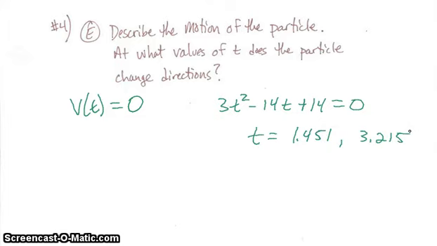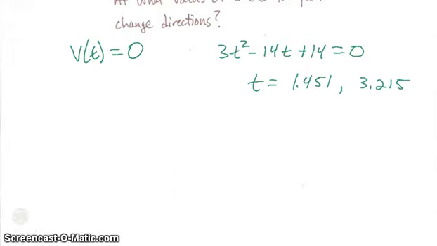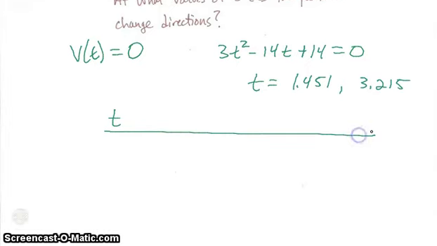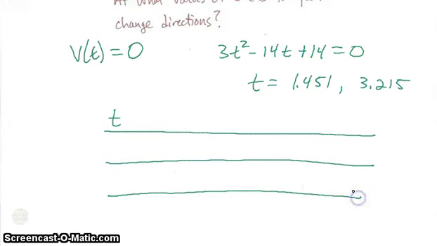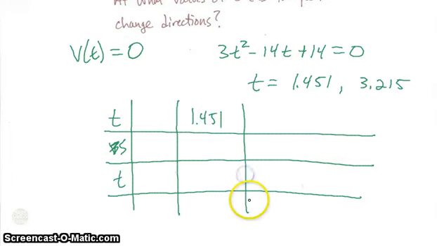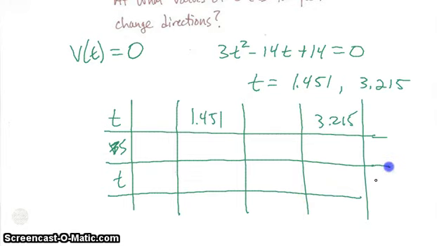Now for me, I like making the sign chart to see what's going on. So if I really need to, I could say what's going on. Sorry, put s there and then t there. And I would have 1.451, 3.215, and this is from 0 to 1.451.